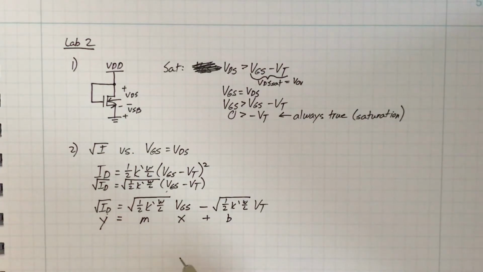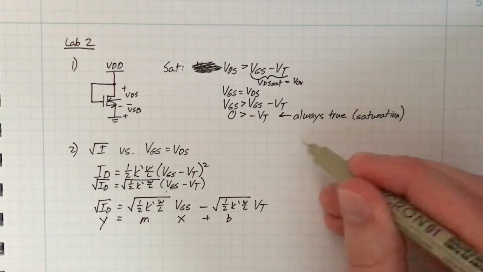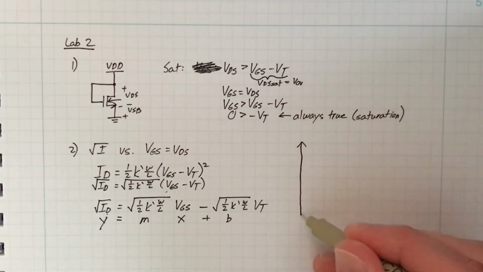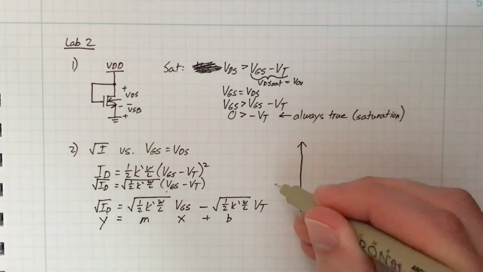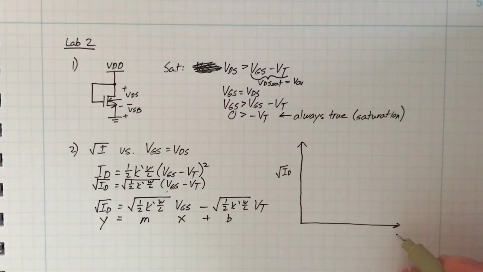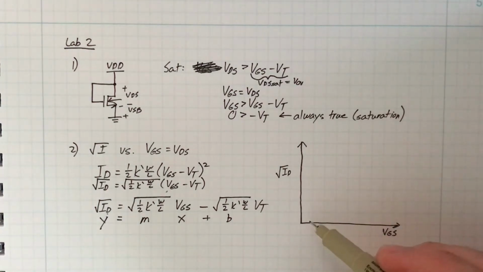So if we were to plot this, I think I got room over here. Plotting square root of ID versus VGS, we expect this to be a straight line.